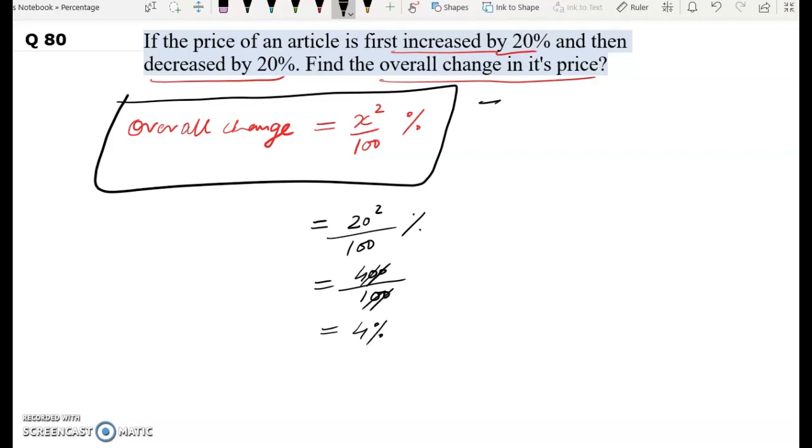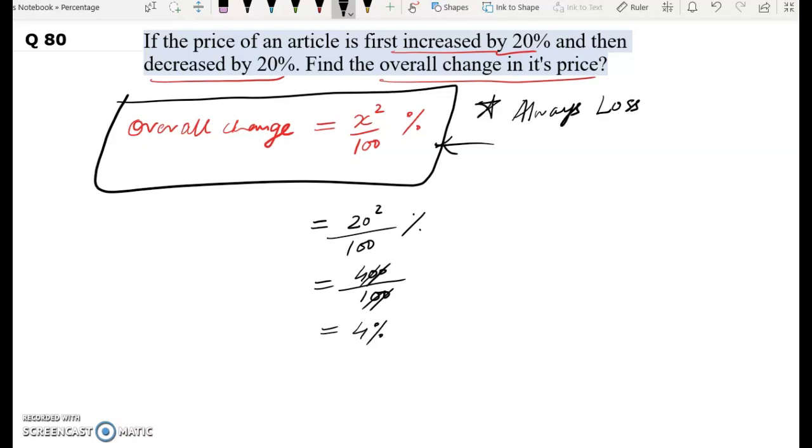Now we need to understand this, that in such type of situation, there is always loss. If the question was find the overall profit or loss percent, so if there is an increase of x% and decrease of same x%, there will always be loss, and the loss will be this, using this formula, x square by 100%.